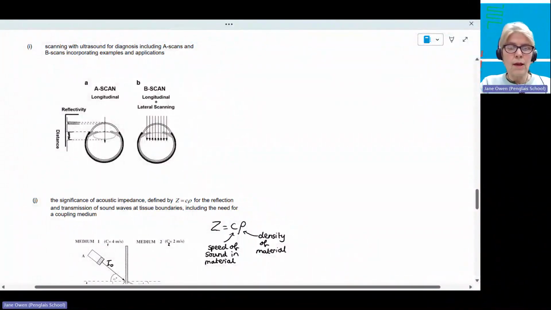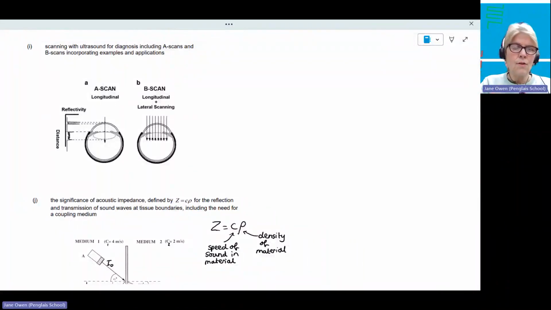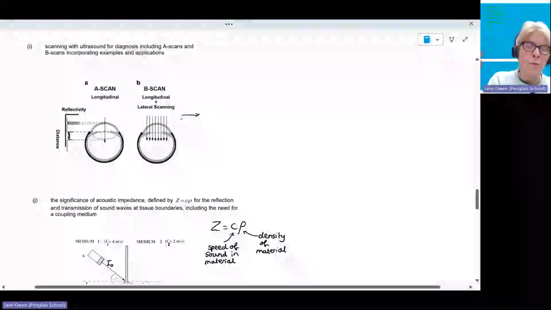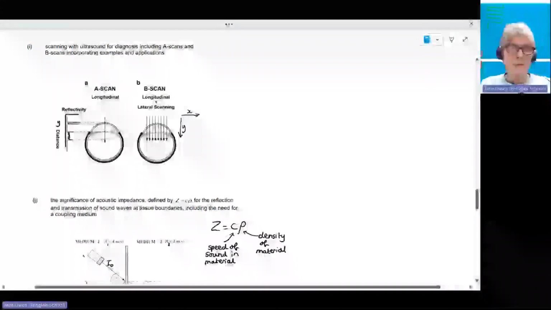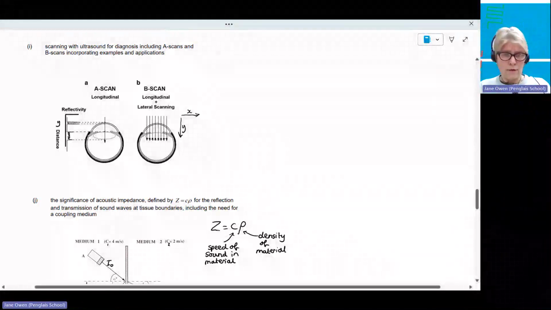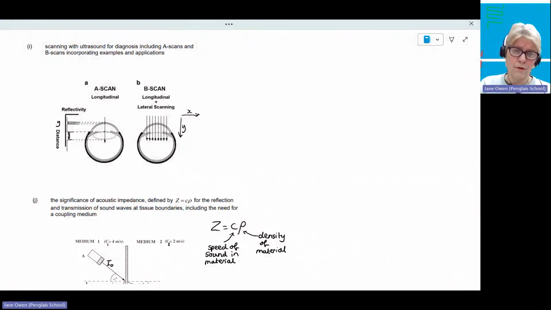Or it can produce a B scan where you've got a series of A scans and you put them together so that you can have an X direction image as well as a Y direction image, whereas the A scan will just give you one direction, let's say the Y direction. So the B scan can allow you to look at what's happening across as well as what's happening at depth.